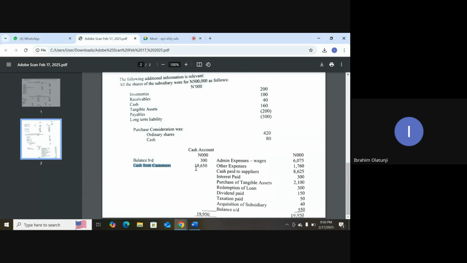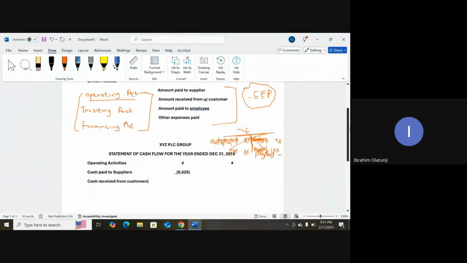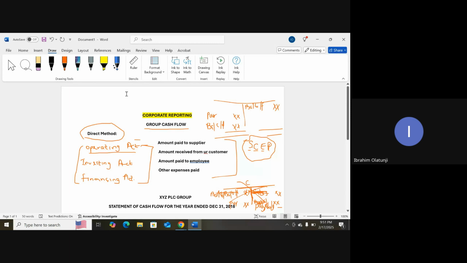But if the examiner is not giving you and you want to calculate it, obviously the examiner will give you the information that you are going to use to calculate it. Then what are the information that you need to calculate cash received from customer? You do your T format as well. It's just the opposite of the one I did before.